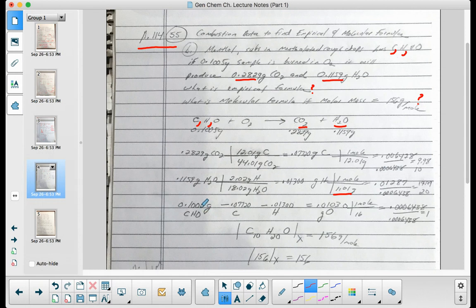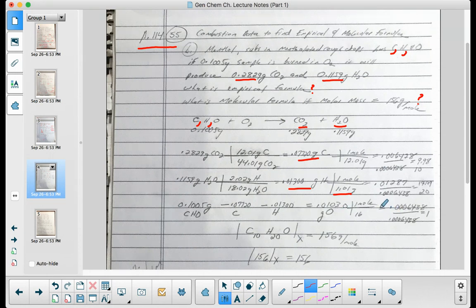So what I know is that if the whole molecule, the C, H, and the O, is the 0.1005, the original amount of the sample, and I know how much is carbon, which I calculated here, and I know how much is hydrogen, which I calculated here, and I subtract each of those away from the total, then what I have left is the grams of oxygen. Then I take those grams of oxygen, just like I did for the carbon and hydrogen, and convert that to moles.